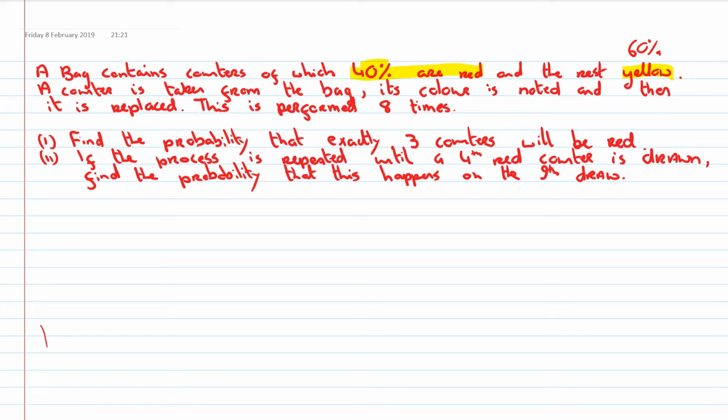Well, if 3 counters will be red, let's think. The probability of getting red, we could do as a fraction or a decimal, so I'll do it as a fraction. 40% is 4 out of 10, and this has to happen 3 times. We're choosing 8 times, so we have to fail to get red, 6 out of 10, 5 times, because if we succeed 3 times, we must fail 5 times.